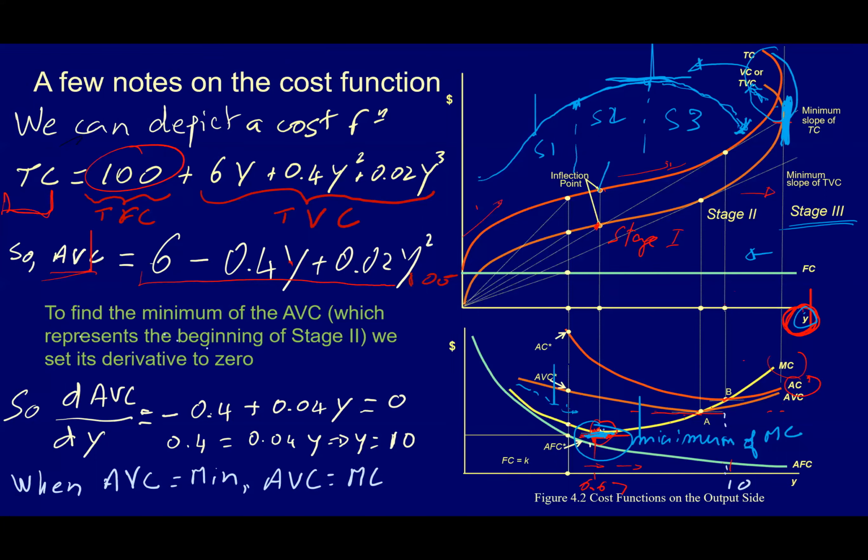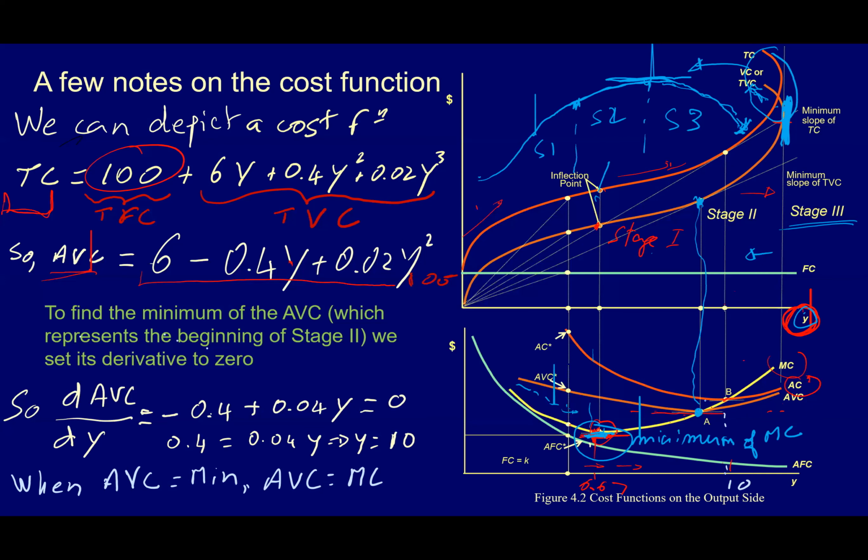So at the inflection point, you have stage 2 here, all the way down to a point where marginal cost equals marginal revenue. Sorry, marginal cost equals average total cost here.